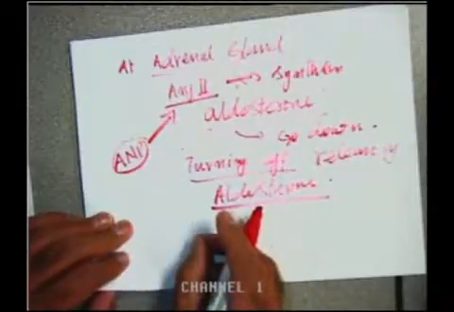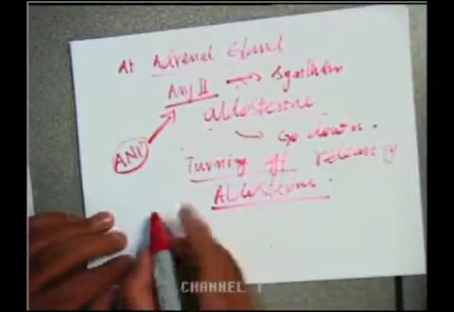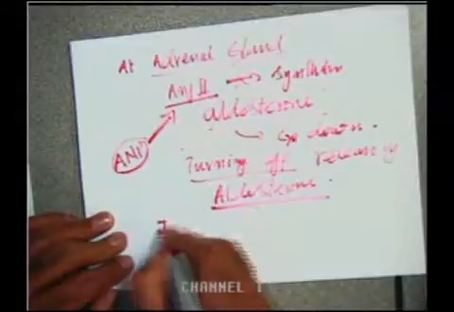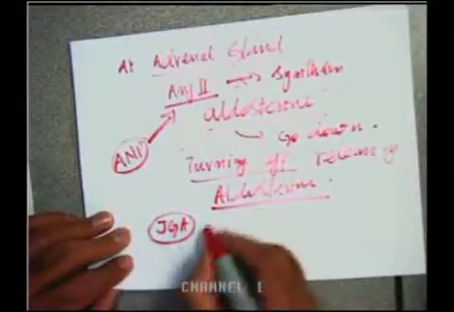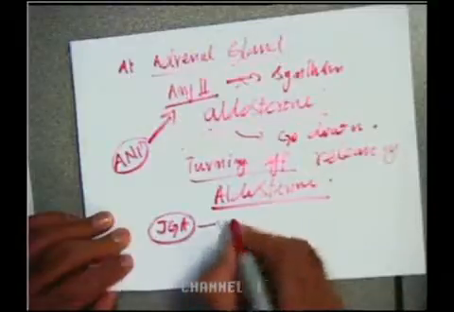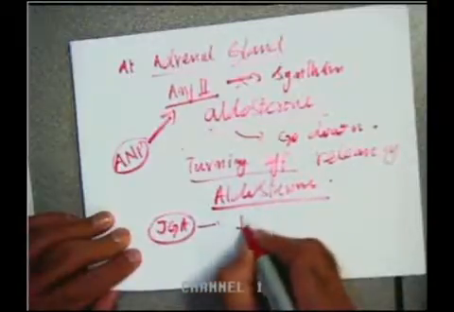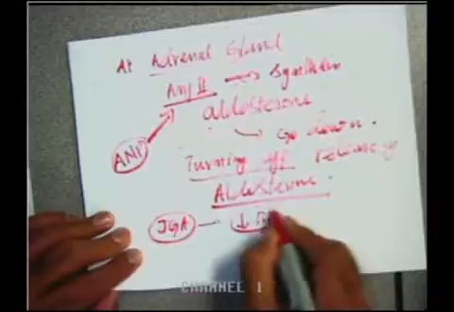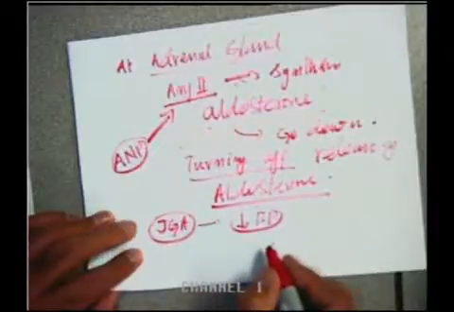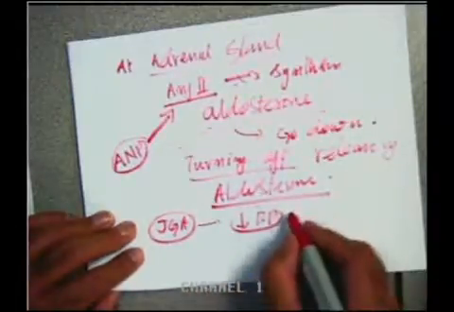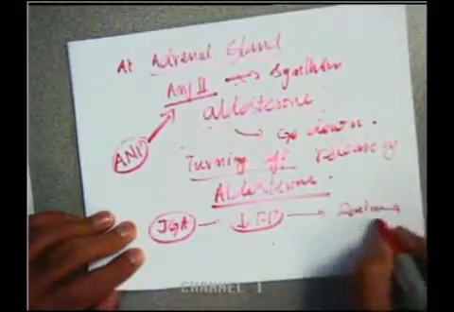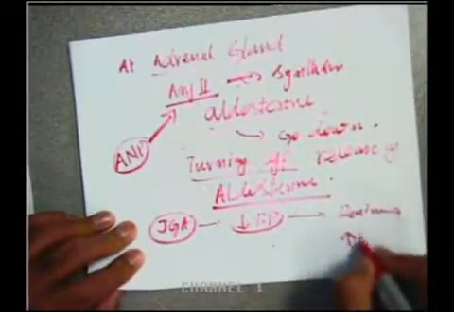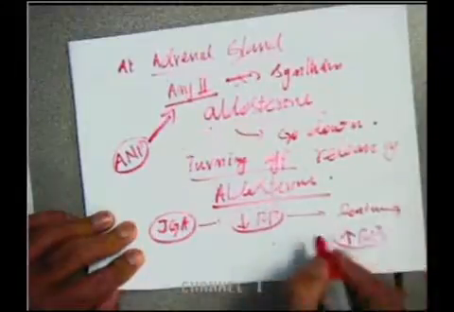The next part is the JGA. The JGA will sense when there is a decrease in blood pressure, right? And thereby, when there is a decrease in blood pressure, you get the renin synthesis, and then the process ultimately increases blood pressure.